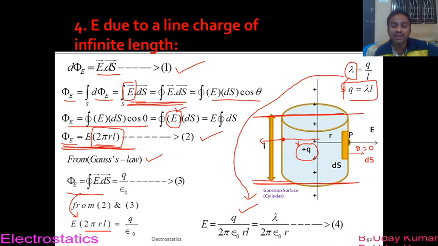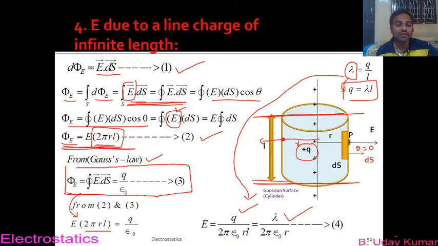So I can write the electric field intensity in terms of lambda, which will be equal to lambda by 2 pi epsilon 0 r. This is the electric field intensity due to a line charge of infinite length, which we have found by using Gauss law. I hope this is clear to you.